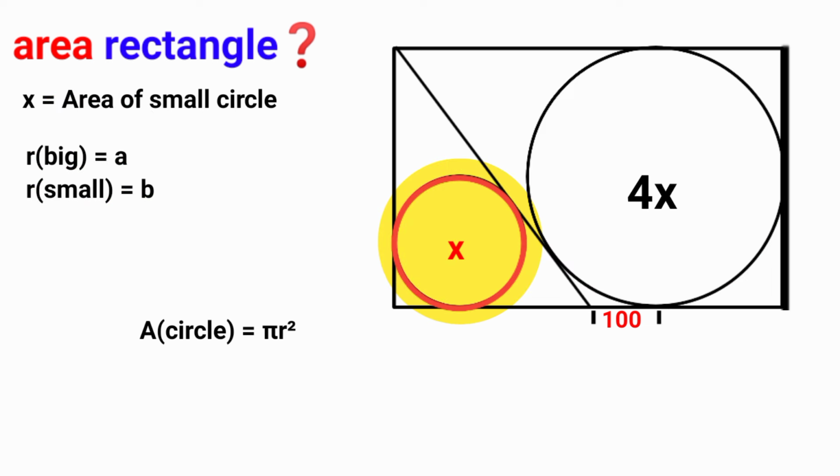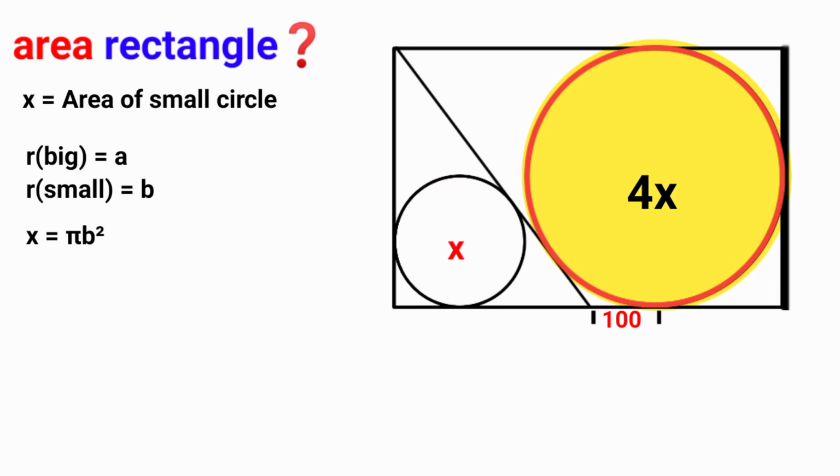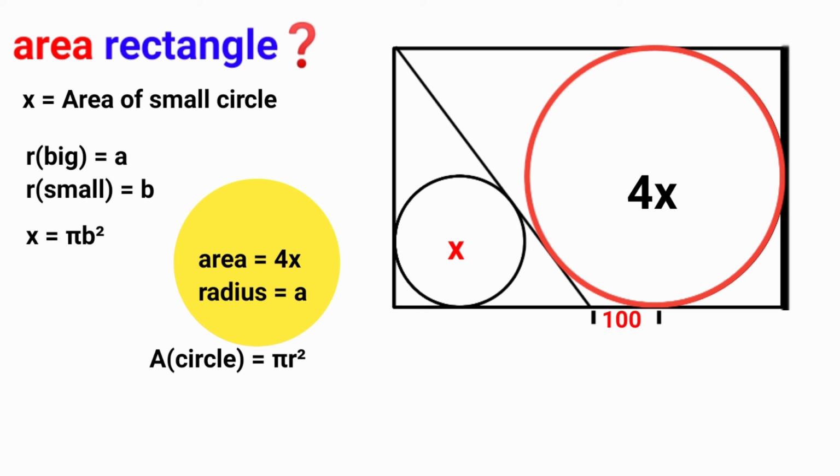So starting from the small circle, its area is x and its radius is b. Substitute here, so x equal to pi b squared. Keep it aside. For this big circle, its area is 4x and its radius is a.